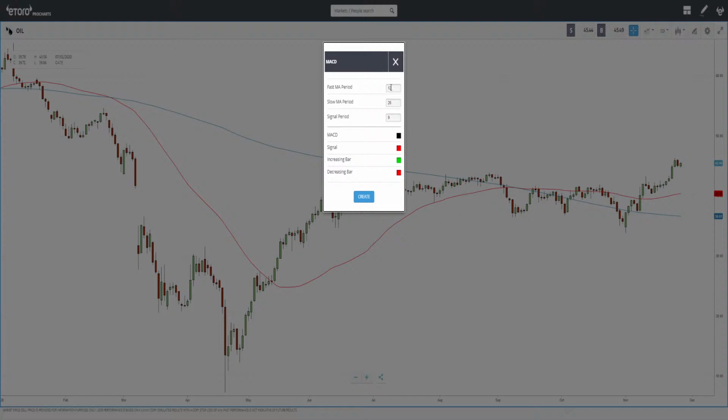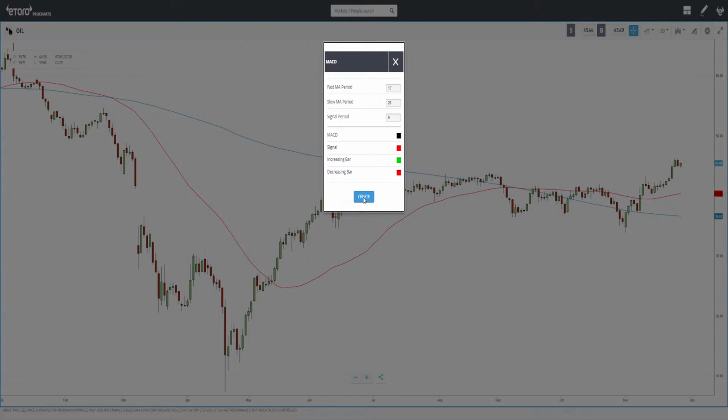A 5 moving average will move significantly faster than a 50 moving average. Because these two moving averages are different, they will cross, and it is those crossings that indicate where prices will become bullish or bearish.